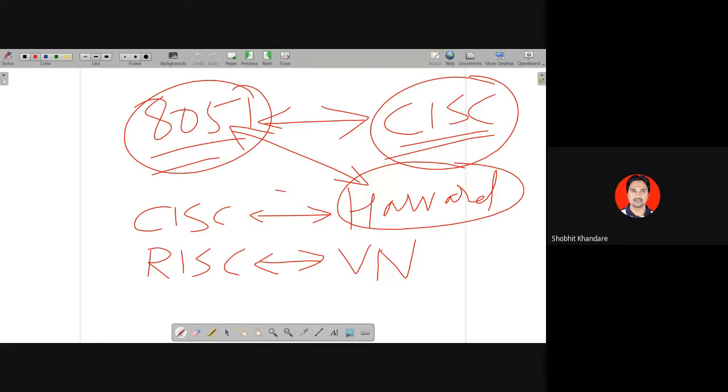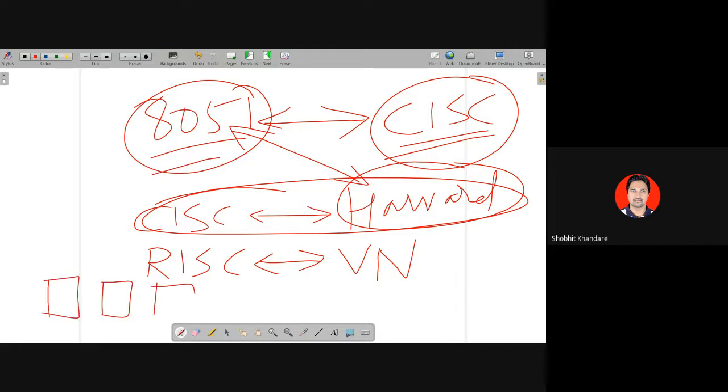Now your CISC depends upon Harvard. And if you remember, what is your Harvard architecture? This is your Harvard architecture. This is your data memory. This is your program memory. And here you have a CPU. What about von Neumann?